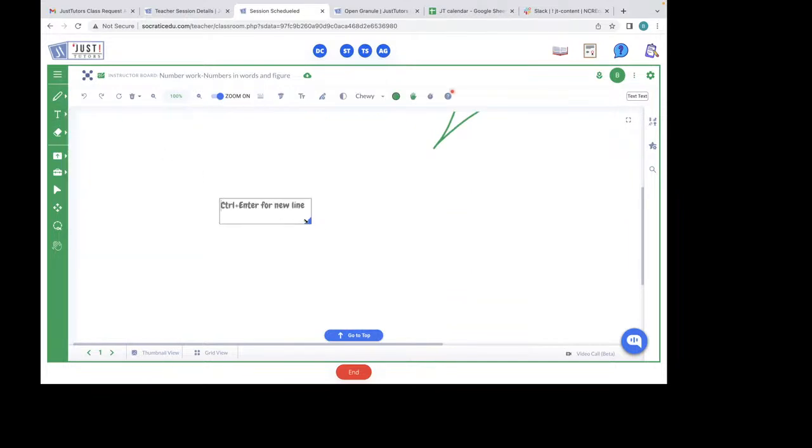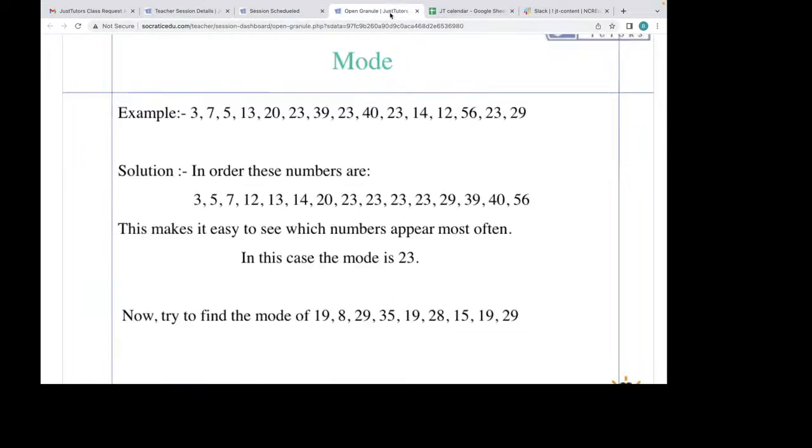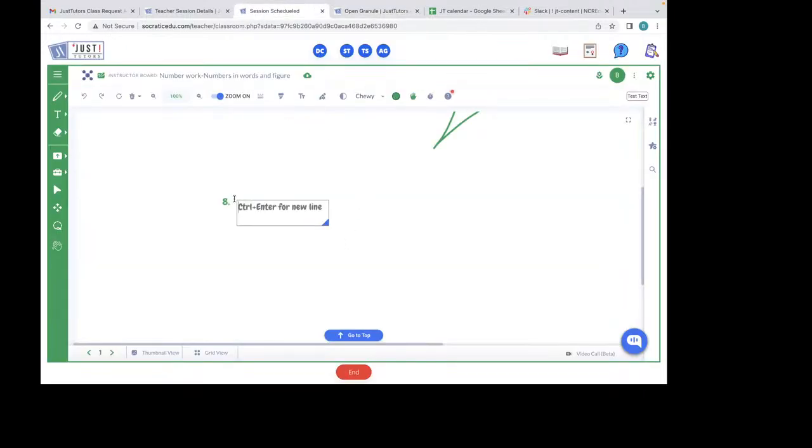First one is 8. After that, what did we have? We have 15, then 19, and 19 has occurred more than once.